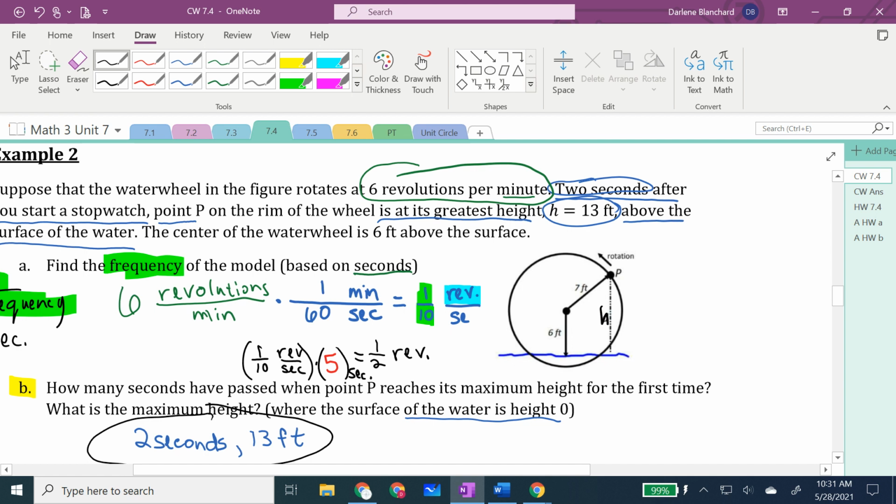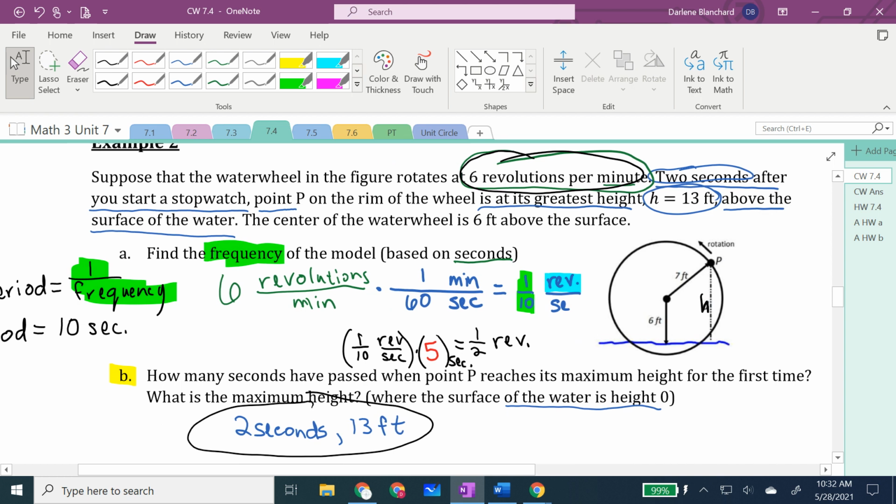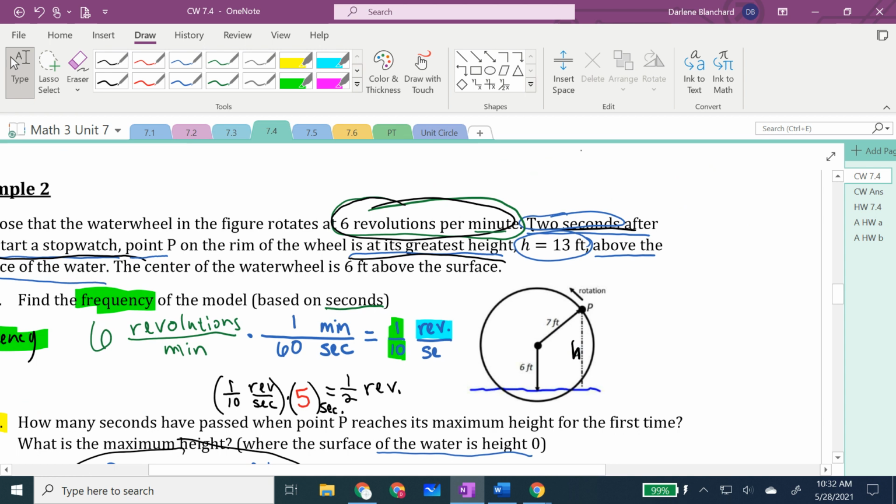It's all about time. 6 revolutions per minute was needed to understand the time elements. Also, the fact that 2 seconds after the stopwatch started, point P was at its greatest height, that actually gives you the shift. So knowing about when the start time is deals with the horizontal shift.